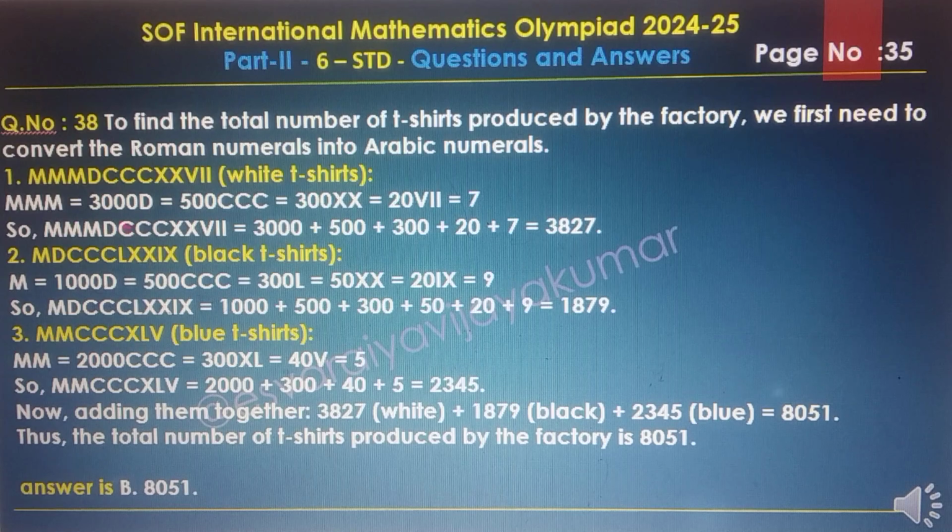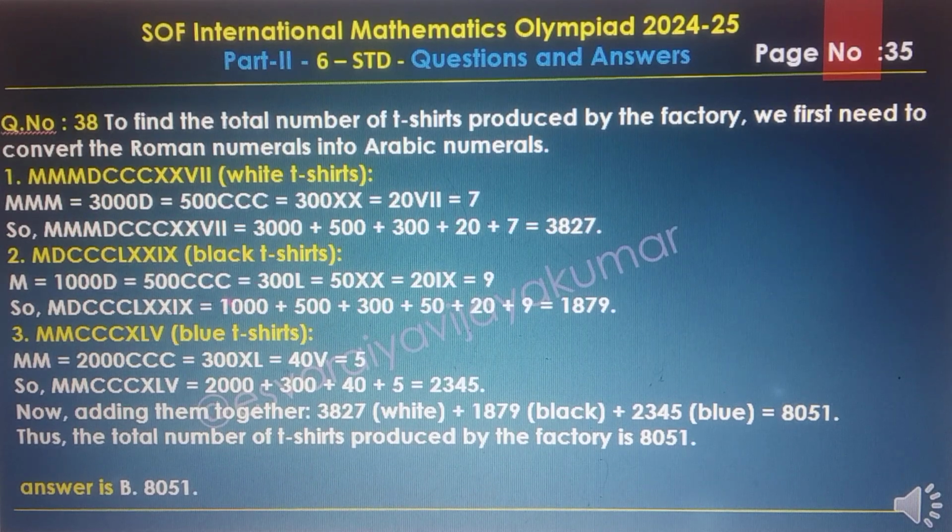Here this is 3000. So the first symbol equals 3000, D equals 500, triple C equals 300, XX equals 20, and finally 7 equals 7. We know that. The same way we calculate the addition of these: 3000, 500, 300, 20 plus 7 equals 3827.